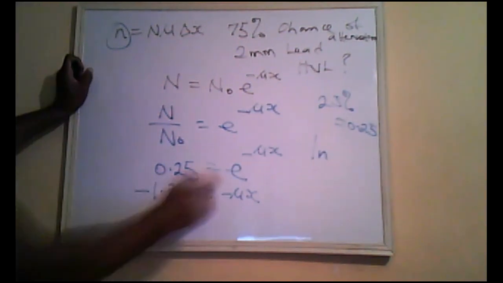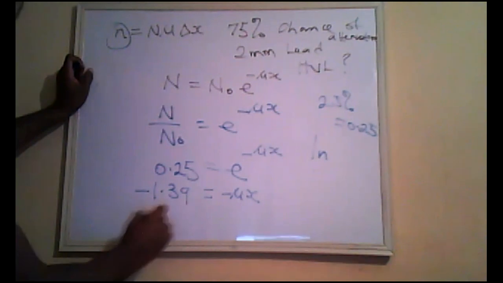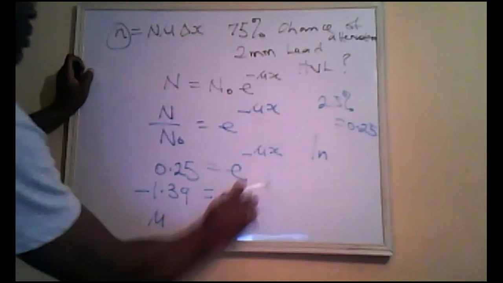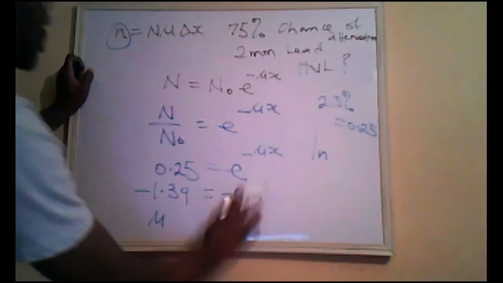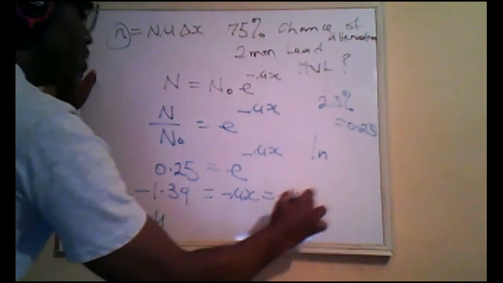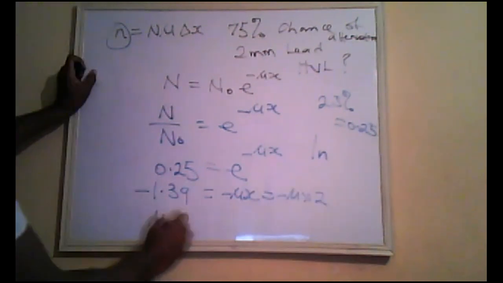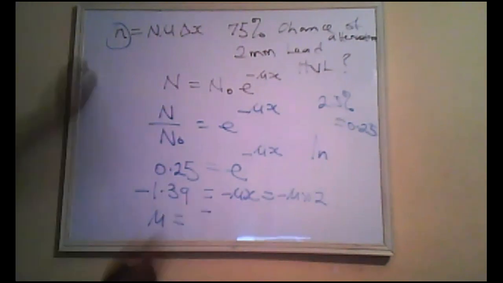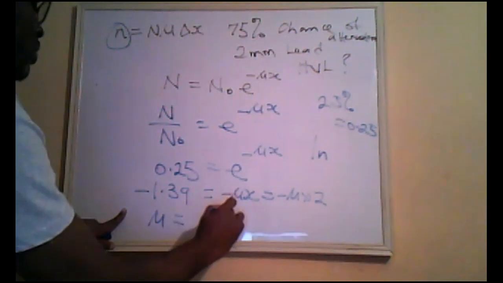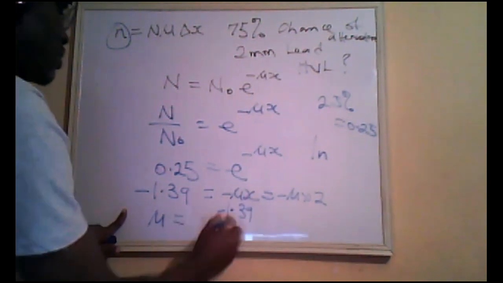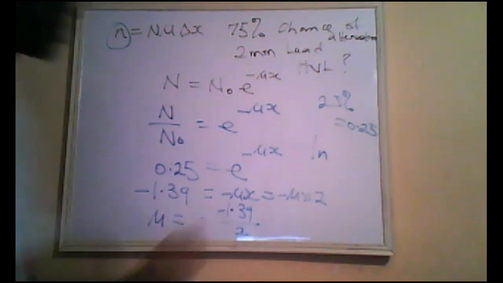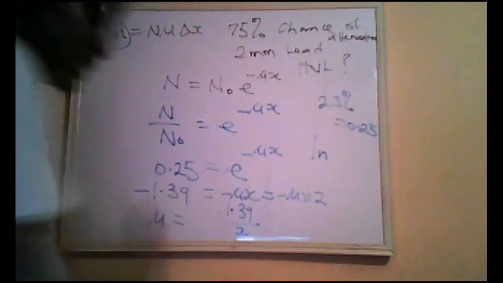So we have minus mu x, and our x is 2 millimeters, which is minus mu times 2. So mu will now be minus 1.39 over 2. Whatever that gives us, of course the negatives are going to cancel out.